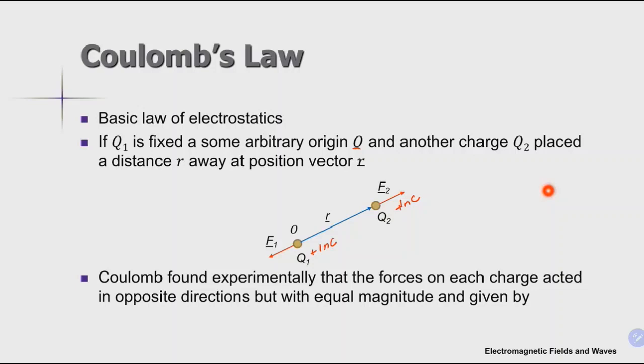The force magnitude is given by Q1 Q2 over 4 pi epsilon naught r squared. So charge 1 experiences a force of magnitude Q1 Q2 over 4 pi epsilon naught r squared, and Q2 experiences the same force. Both charges experience the same force magnitude.